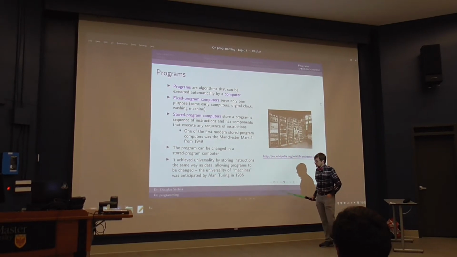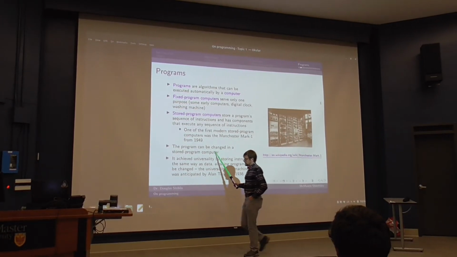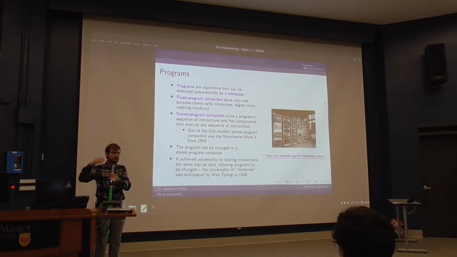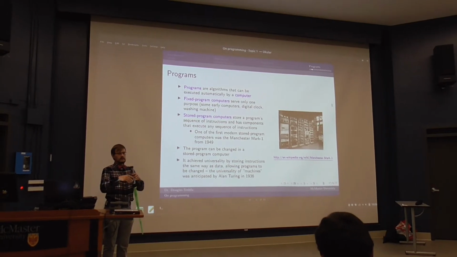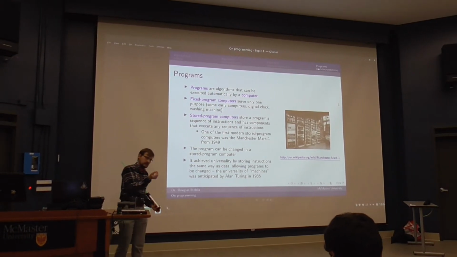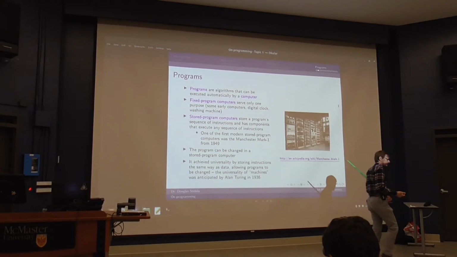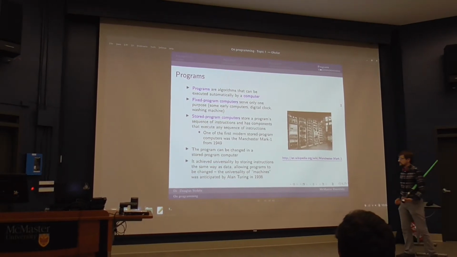So, stored program computer. This means that the computer itself can have different sets of instructions loaded into it. Obviously, this was a much more powerful and dynamic technology, as stored program computers are what we think of as computers these days.